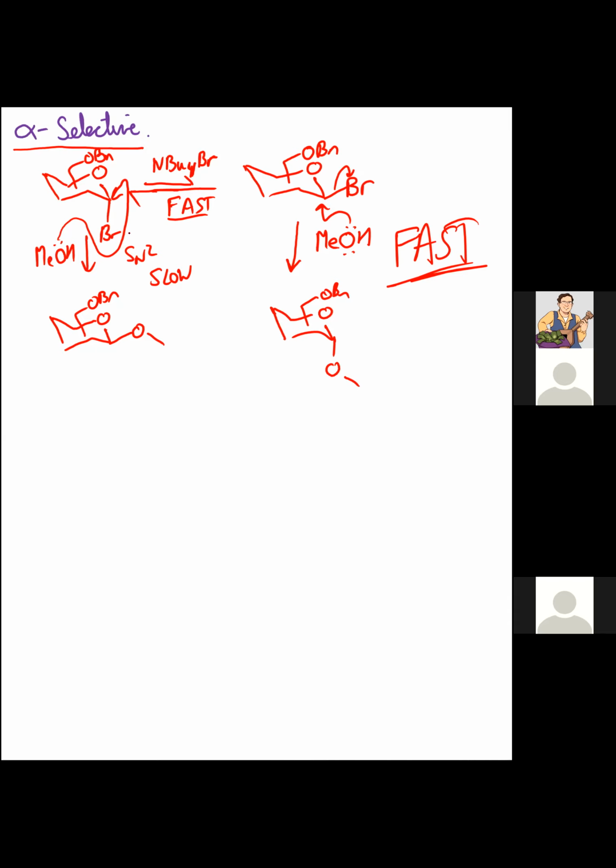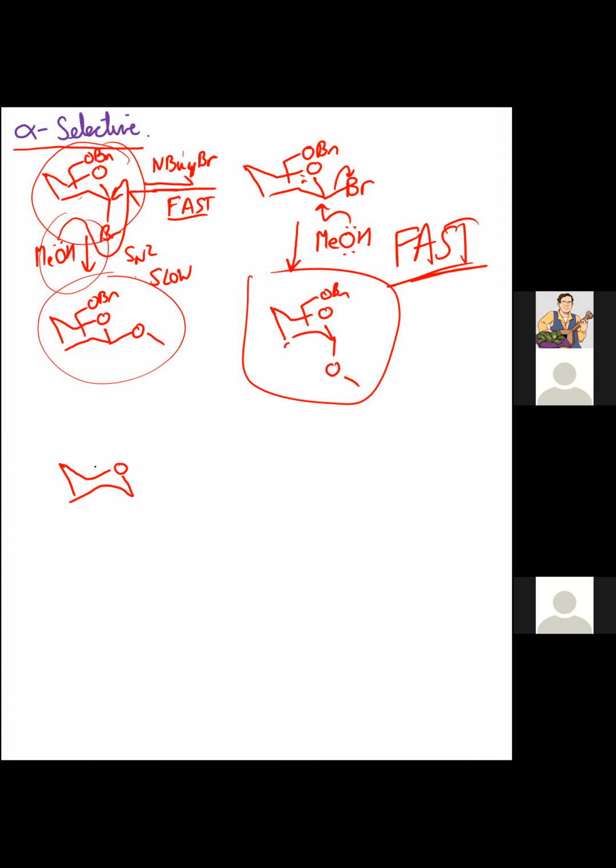So this guy's sitting around, you can have methanol in here, you can have the tetrabutyl ammonium bromide, and this is going to be slower than that. So eventually everything is going to go to this, and you're just not going to make much of that. So the overall reaction conditions here is you take that alpha bromide that you made using either the Gehrig's, the Appel reaction or the HBr, acetic acid.